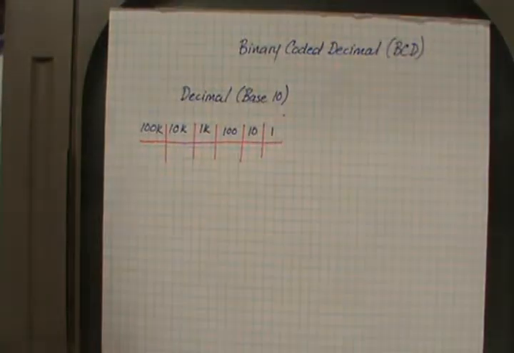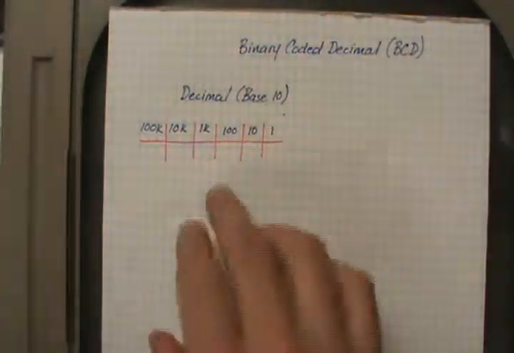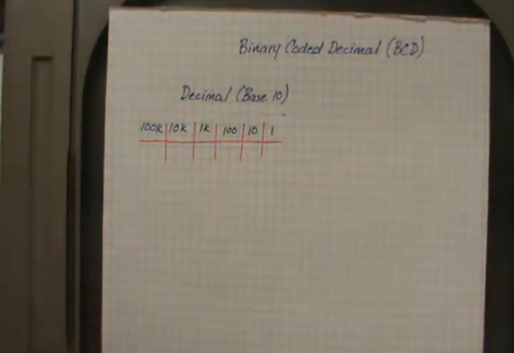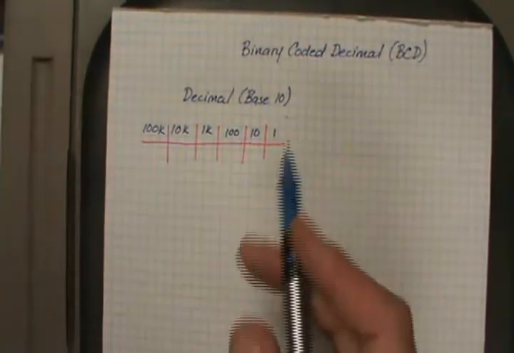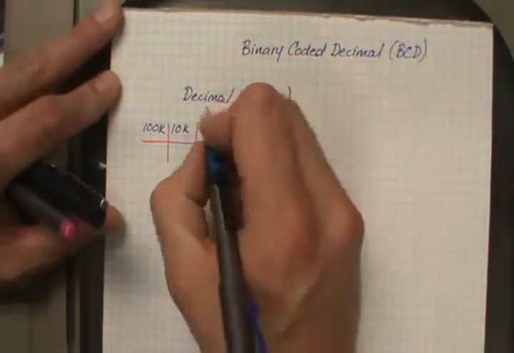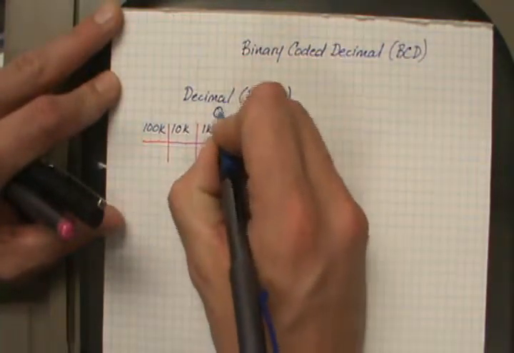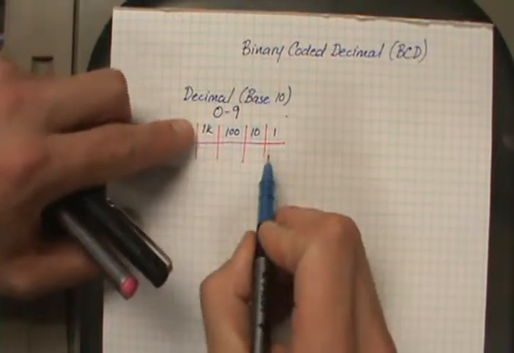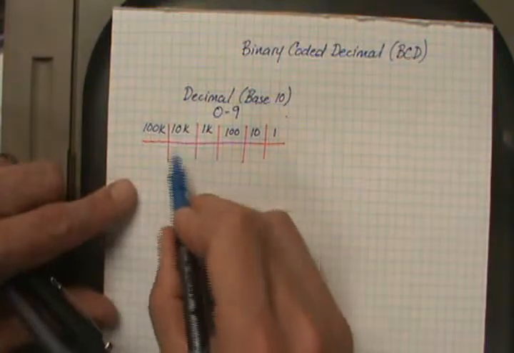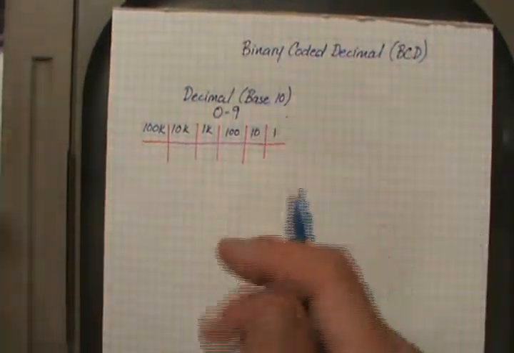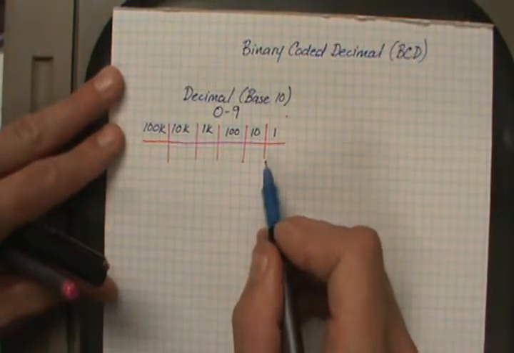This is how we would construct a number on the base 10 system. Also keep in mind that the digits we use with base 10 span from 0 to 9. So any number 0 to 9 can occupy these value places for us to construct any number from 0 to infinity, if you will.